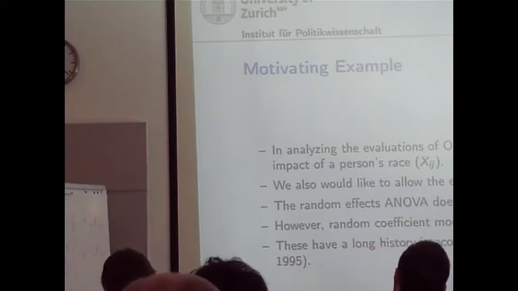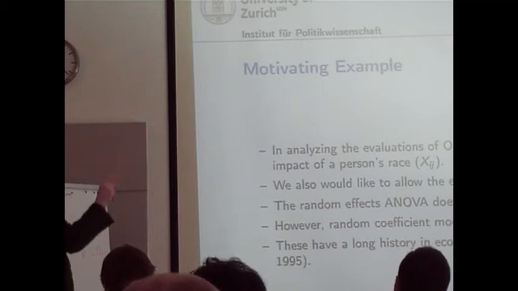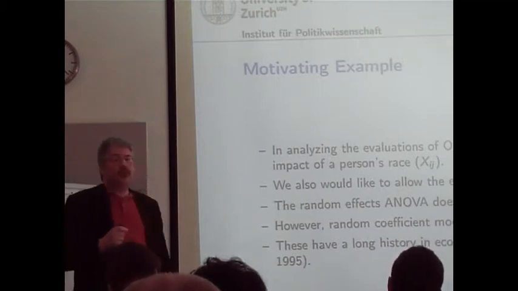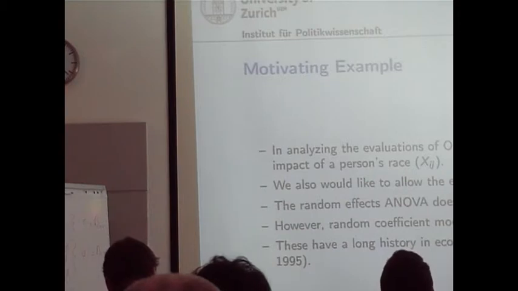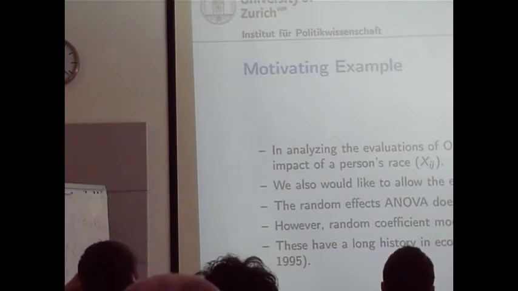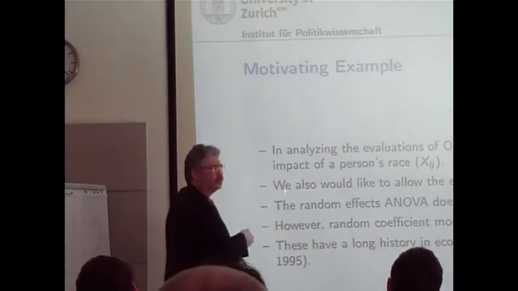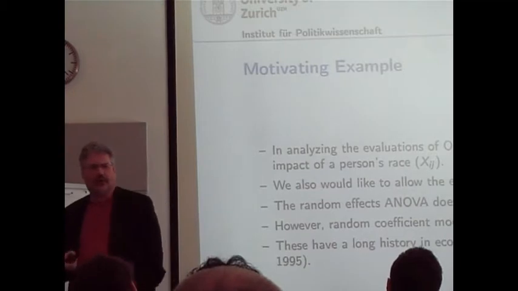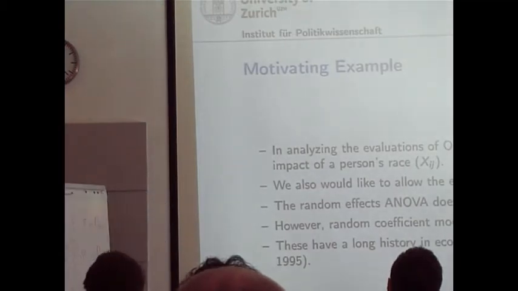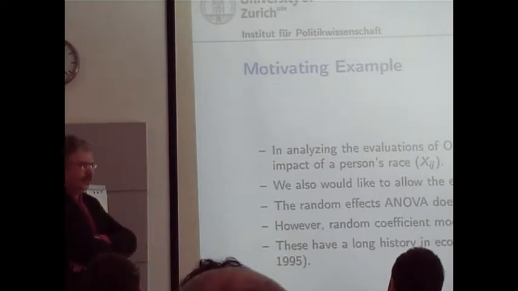And I'm interested in what that variable does in terms of the ratings of Obama, and at the same time I'm introducing some potential for quote-unquote causal heterogeneity, because I say, well, maybe race doesn't have the same effect in all of the states.